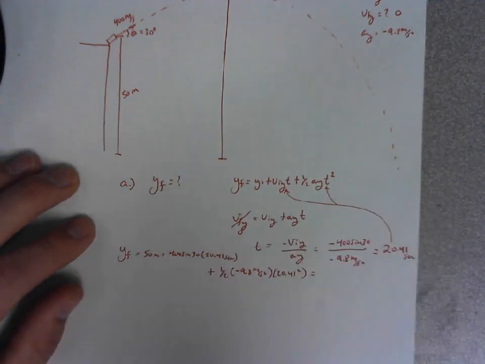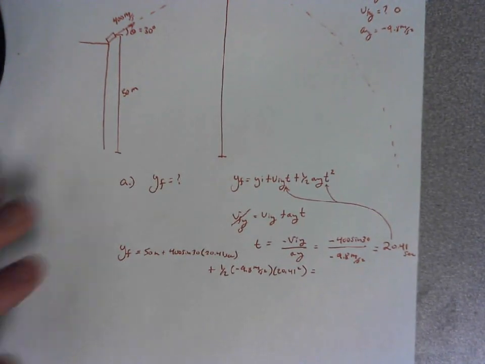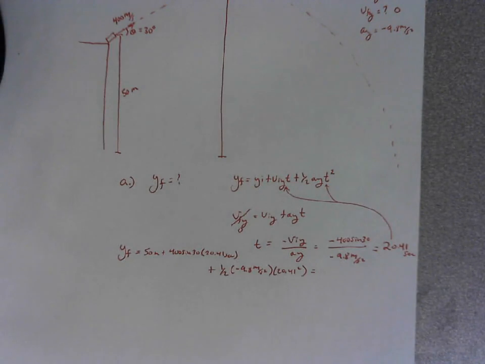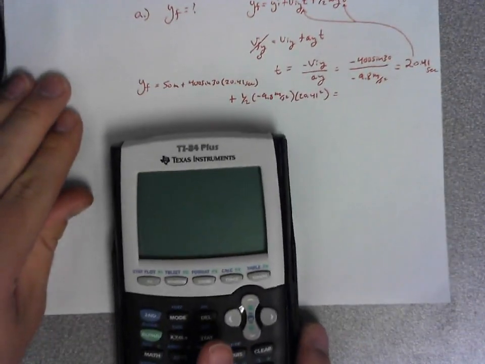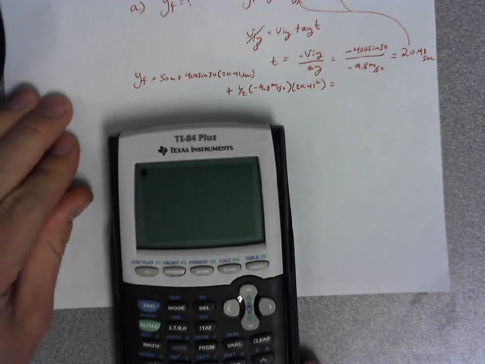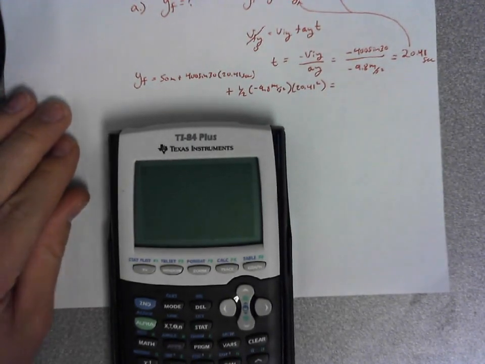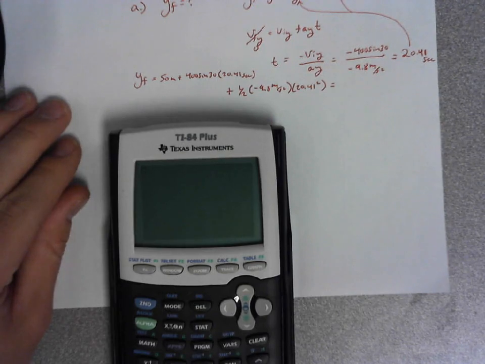So we can put that into our calculator. Let me show you how to plug this in. You can do it all in one step, but just make sure that when you square that t, you don't square the acceleration with it.